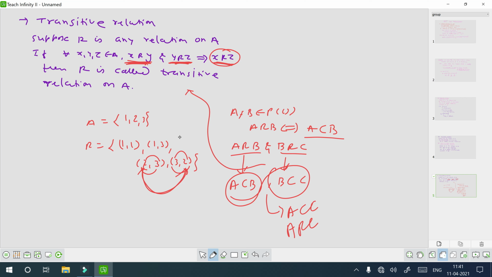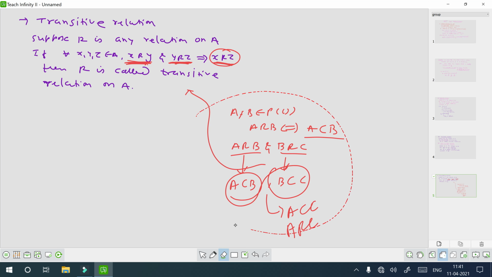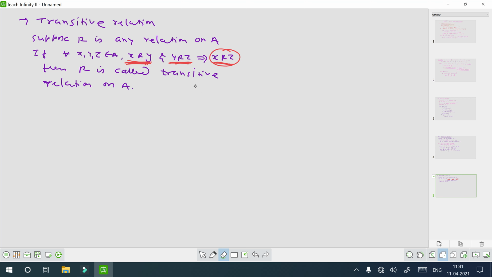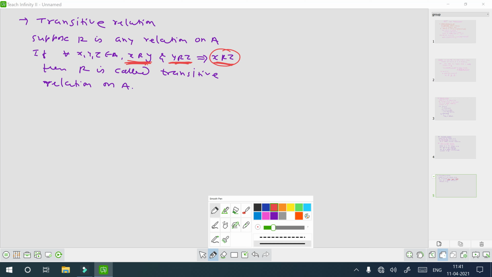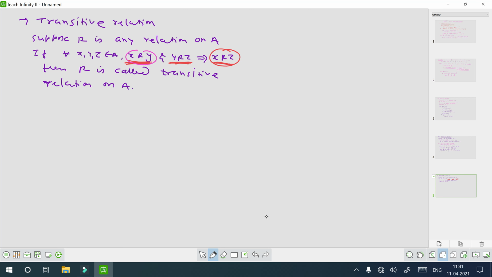So this relation is not transitive. Ultimately, what do we have to check? Whenever xRy and yRz are given to us, then we have to check this thing.